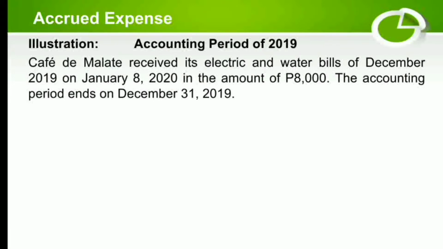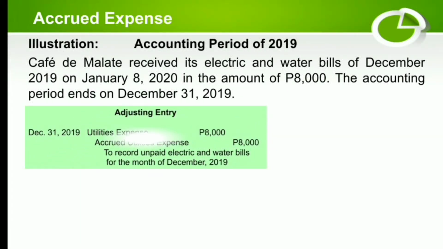And here's now the adjusting entry on December 31, 2019. Debit to utilities expense, 8,000 pesos, and then credit to accrued utilities expense, 8,000 pesos. This records the unpaid electric and water bills for the month of December 2019. This accrued utilities expense is a liability account, and you can also use accounts payable instead of accrued utilities expense.